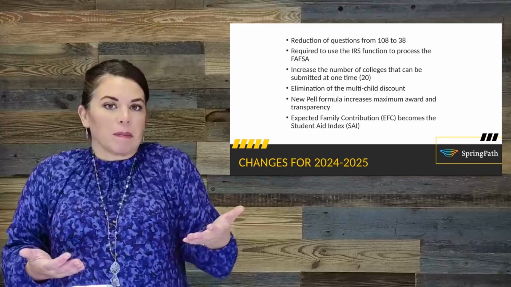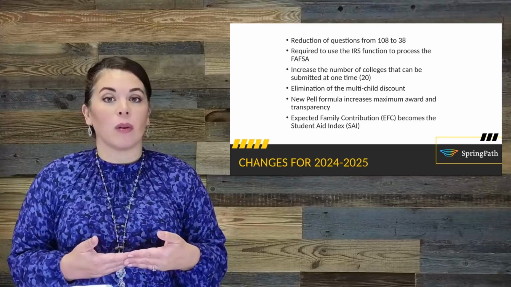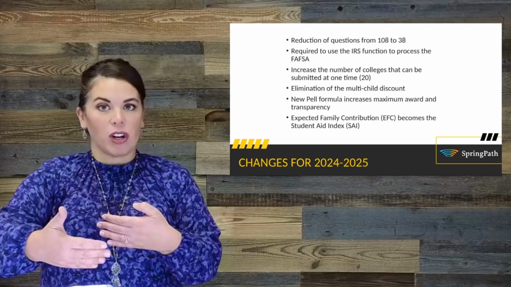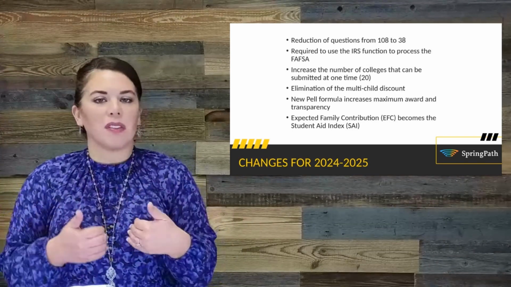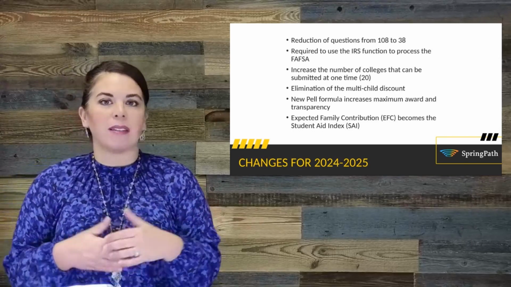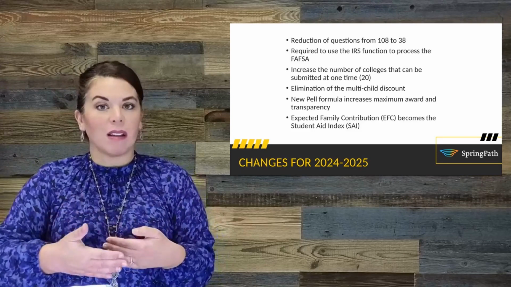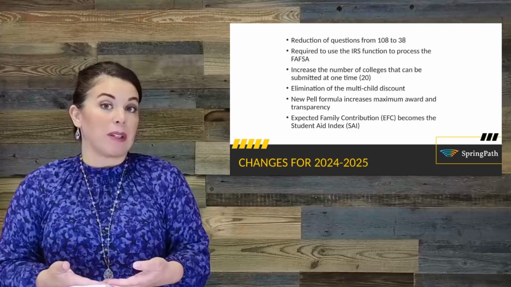There is, sadly, the elimination of the multi-child discount. So if you have another child who will be in college at the same time, that piece of the puzzle is going away. But in conversations that have taken place, it looks like colleges themselves will be able to make a decision how they move forward with that piece of information.